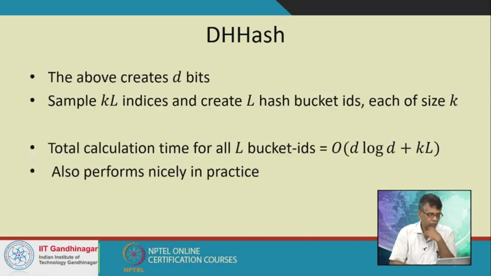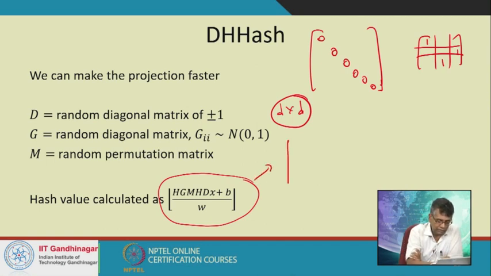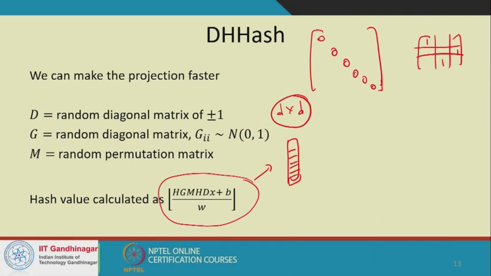And we can also do one other thing. Note that all these matrices are now d by d. So now we have this vector, which is a length d vector, right, if I do HGMx. So what we could do is sample k indices from it.